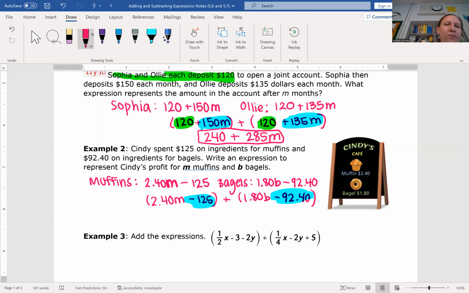Okay, we still have our 2.40M. We have our $1.80B, but I have a negative 125 and a negative 92.4. And they are the same sign, so I'm going to add them together. And together, they are minus 217.4.